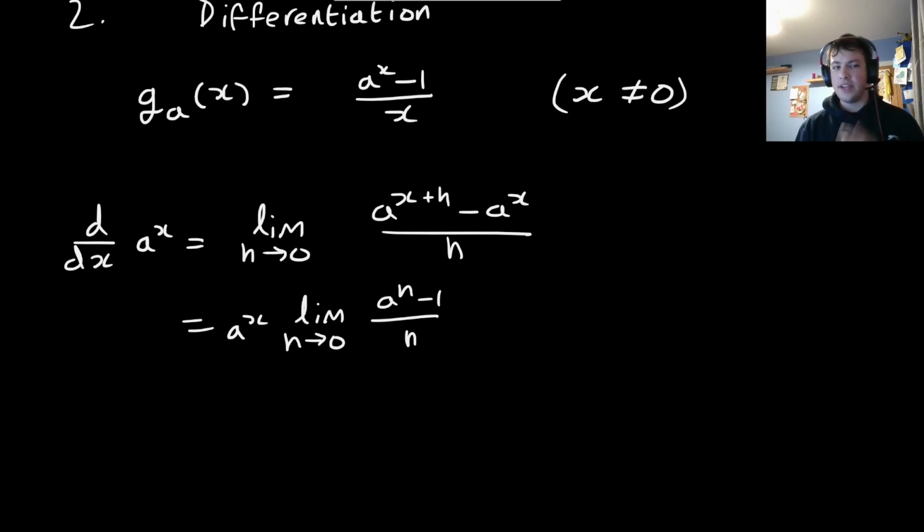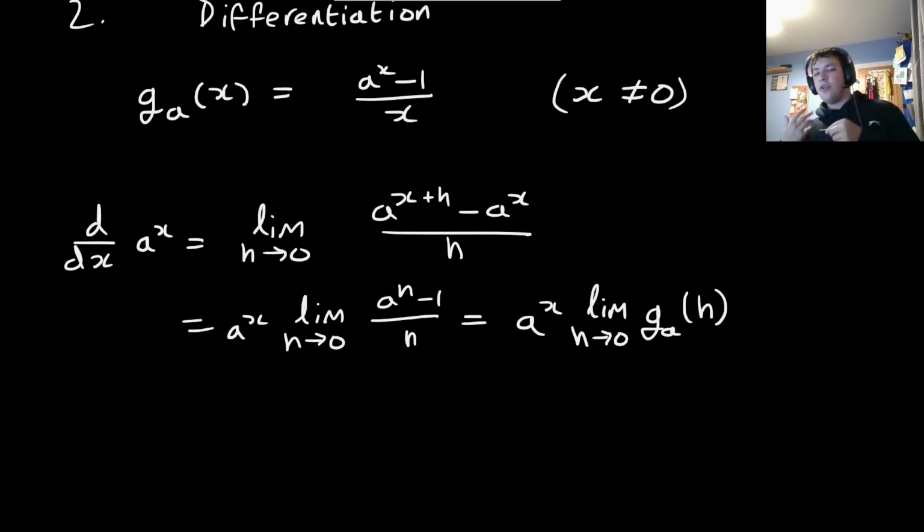You'll notice that this is the limit of ga of h as h goes to 0. And so this is a to the x times the limit as h goes to 0 of ga of h. Now, what's interesting about this? Well, this thing doesn't depend on x. This is just some constant, if it exists; we haven't proved that it exists yet. But if it exists, it's just some number ka.